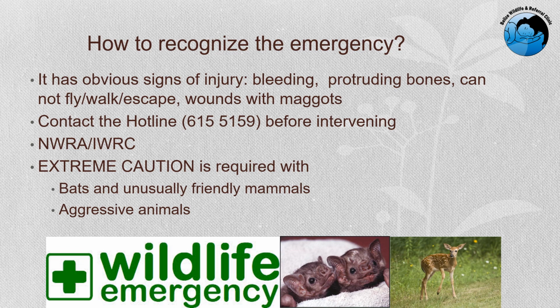So again, if it has any obvious signs of injury, bleeding, protruding bones, cannot fly, walk, or escape, and wounds with maggots, then your first step is to call the hotline before you intervene and actually execute the rescue. The NWRA and IWRC are good references to know and to educate yourself when it comes to these types of situations.